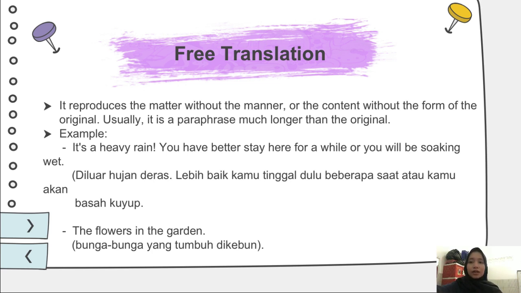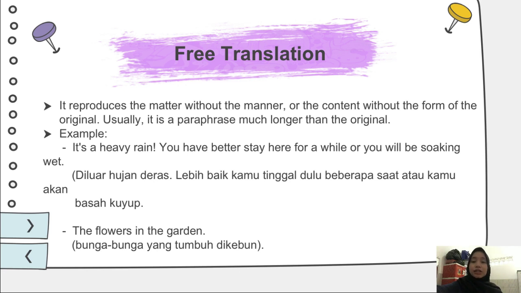So, the term heavy rain does not mean hujan berat, but is adjusted to the choice of words commonly used in Indonesian, namely hujan deras.